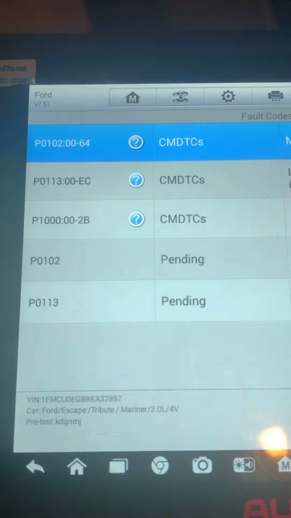It still pops the same code, P0113. So let me show you what the issue is, guys, because I go deep, and you always have to see what's going on. If you put in a new sensor and it doesn't work, you have to look deeper.